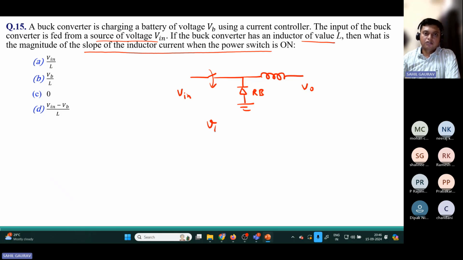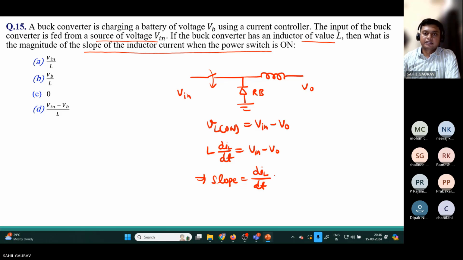So VL on will be V in minus V naught. So L di by dt equal to V in minus V naught. So the slope dIL upon dt is V in minus V naught upon L.